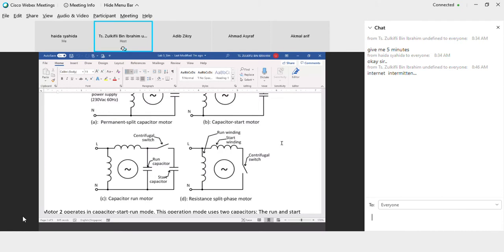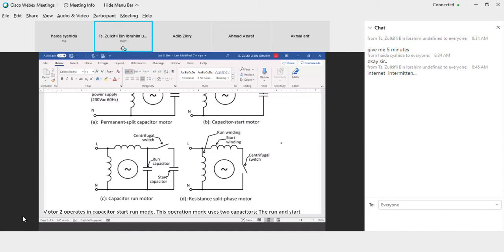And bila in series, it will become 1 over, inverse campur kan. So this is the capacitor on motors. At the start, you have very high value of capacitor, very high capacitance.